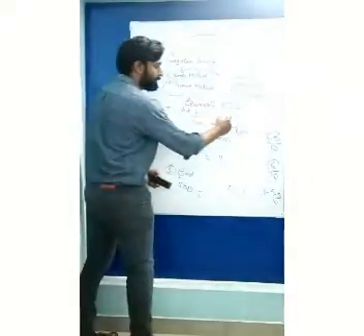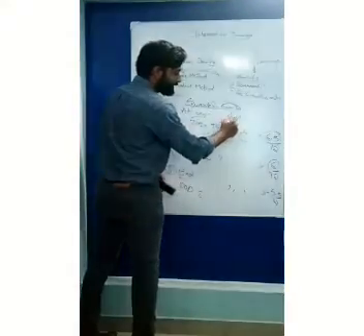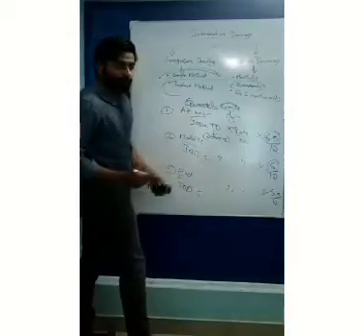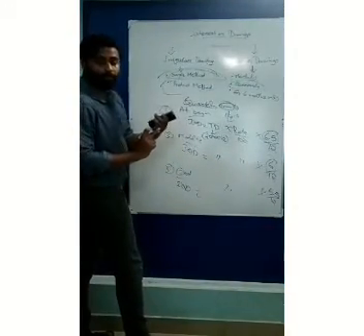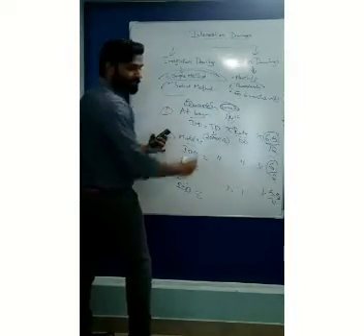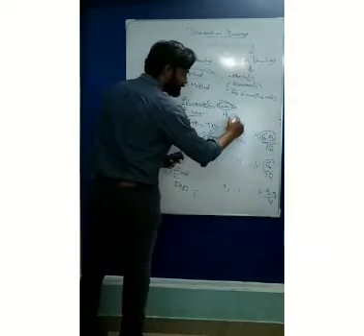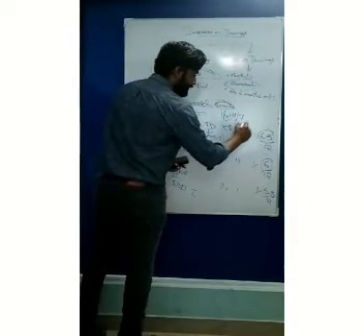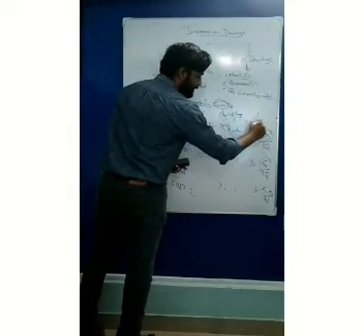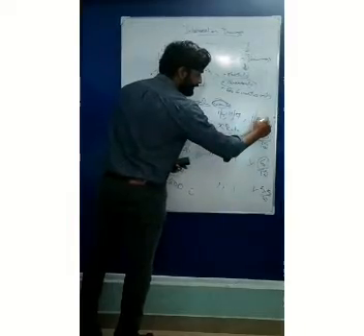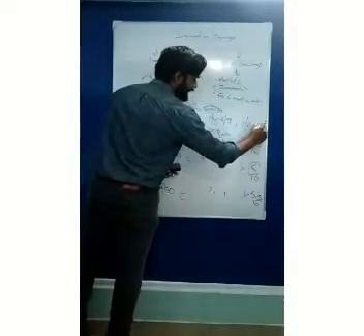At the beginning of the quarter means 1st April. First quarter means April, May, June, so at the beginning means 1st April. Then next quarter beginning means 1st July, then 1st October and 1st January.